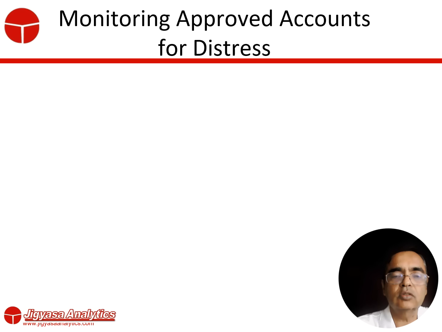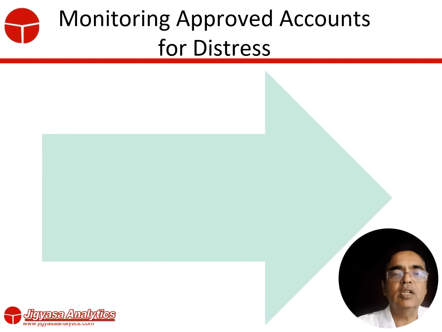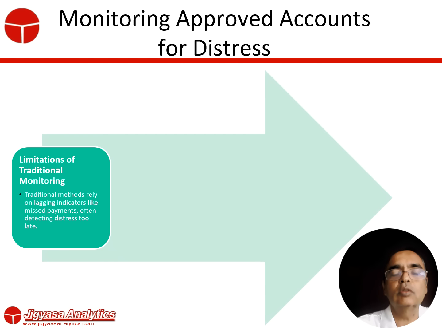So, the traditional approach here is to look for mispayments or signs of distress like a drop in scores, all of which is an essential and excellent measure, but unfortunately, these are lagging indicators, not leading indicators of distress, and often too late.